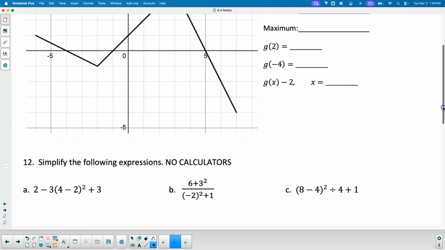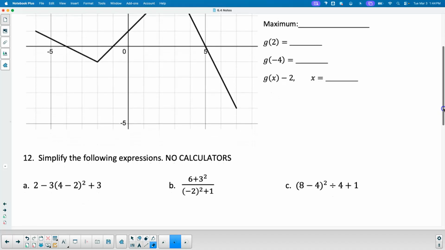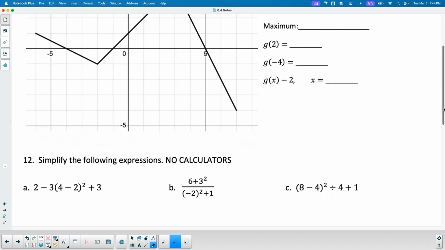So yes, love it. This one here, g of x should equal 2 in number 11. It should be equal to 2, not minus 2. Make that change right now because otherwise the problem doesn't make much sense.